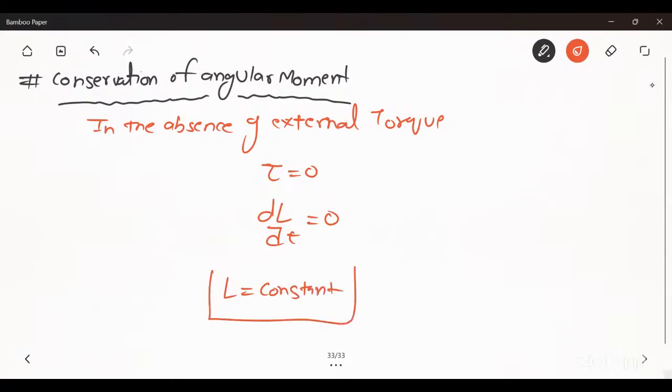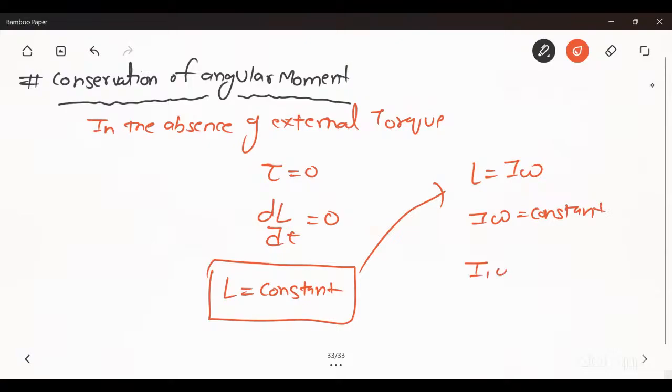If L is constant, we know that L has the relation L is equal to I omega. So I omega will be constant. That means I1 omega 1 is equal to I2 omega 2.